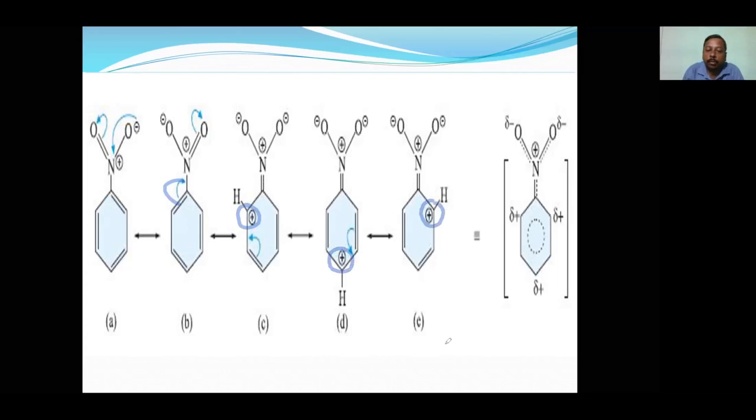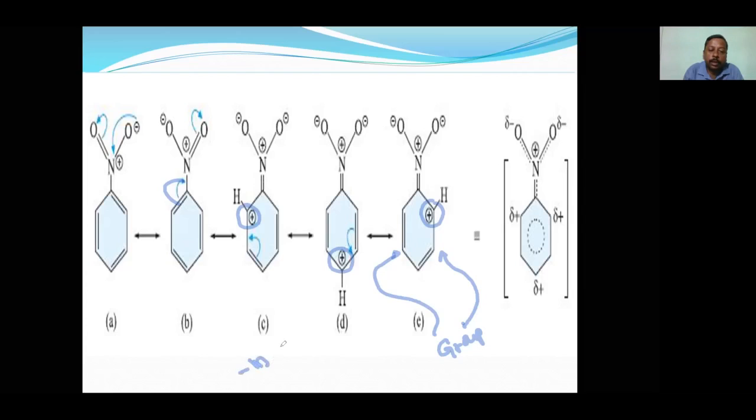That means whichever group is coming, it never wants to come at ortho and para because already electrons are less over there. So what is the somewhat okay position? Meta, because you will never find electron density decreased at the meta position. Therefore, the group itself will attach at the meta position.